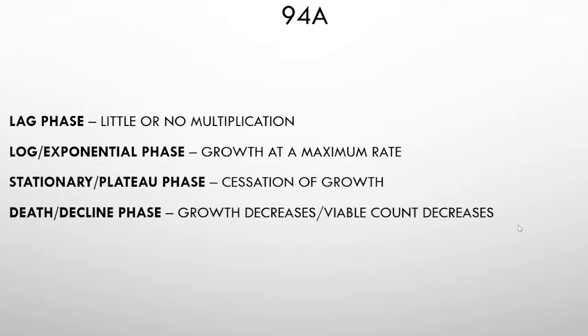I remember when I took the ASCP exam, this was the one that was asked of me, specifically stationary phase. How was this presented as a question? I will tell you.